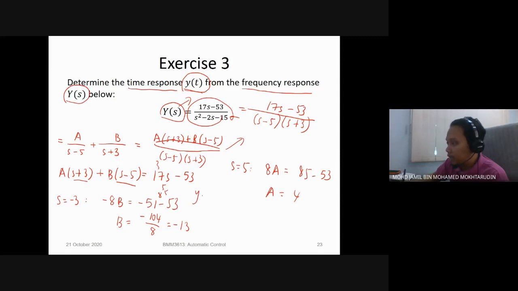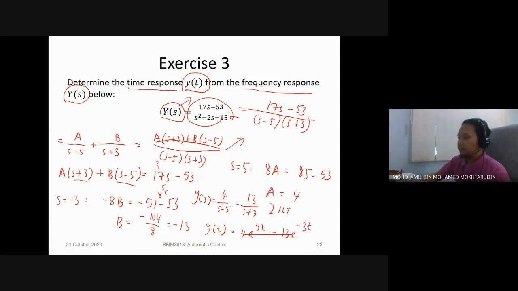So you get ys equals 4 over s minus 5 minus 13 over s plus 3. So perform inverse Laplace transform. You get yt equals 4 times e to the 5t minus 13 times e to the minus 3t.